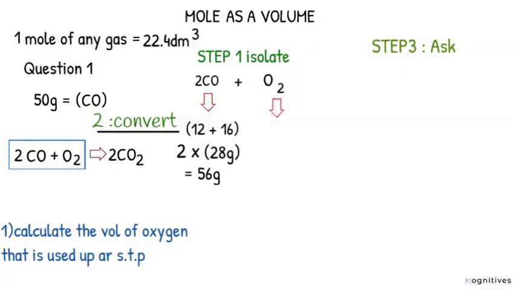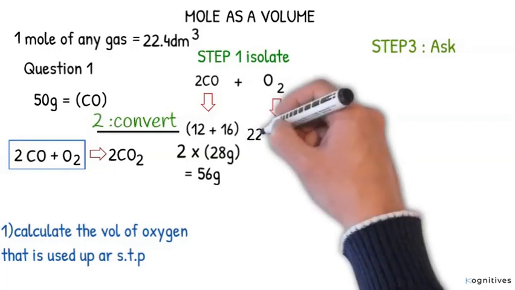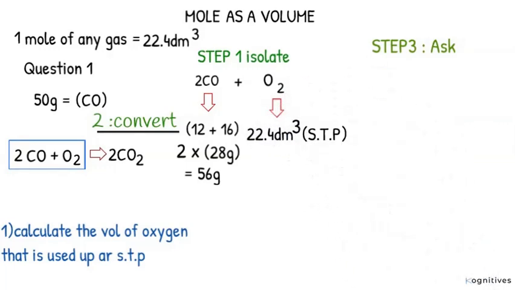Now let's convert the oxygen to volume. Remember we said that 1 mole of any gas at STP occupies a volume of 22.4 dm3. In the question, we have just 1 mole of oxygen, so the volume of oxygen here is 22.4 dm3. So we can see that converting, we have 56 grams of carbon monoxide reacting with 22.4 dm3 of oxygen. Now the next and final step is to ask.